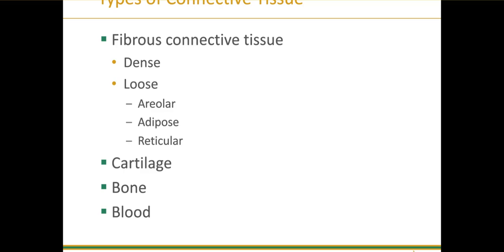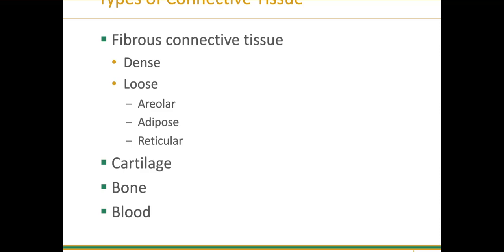So that's where areolar tissue can be found. Adipose tissue is dominated by fat cells, and that supports structures in your body. It also acts as a storage area for excess food, and it helps to insulate the body.